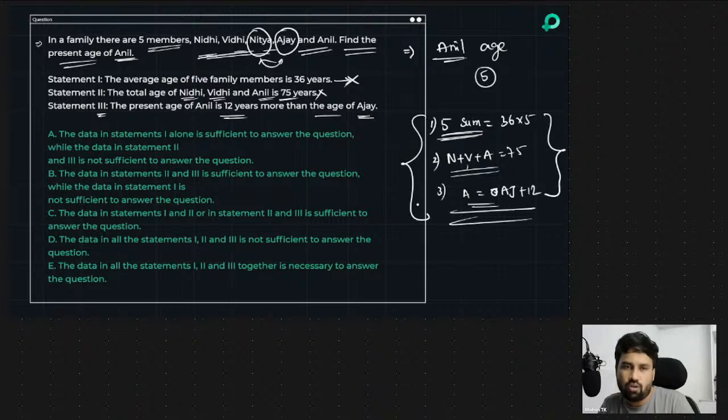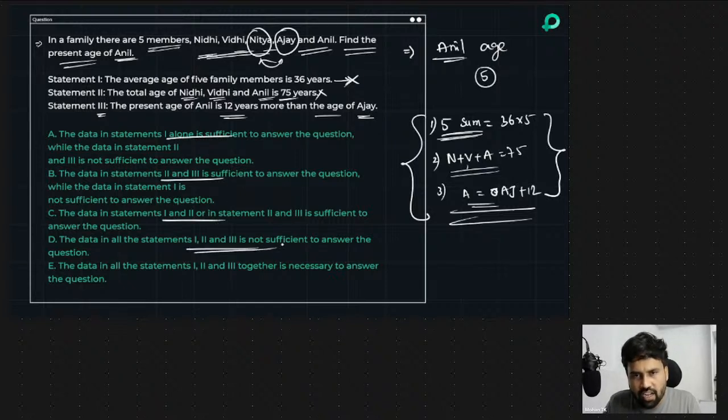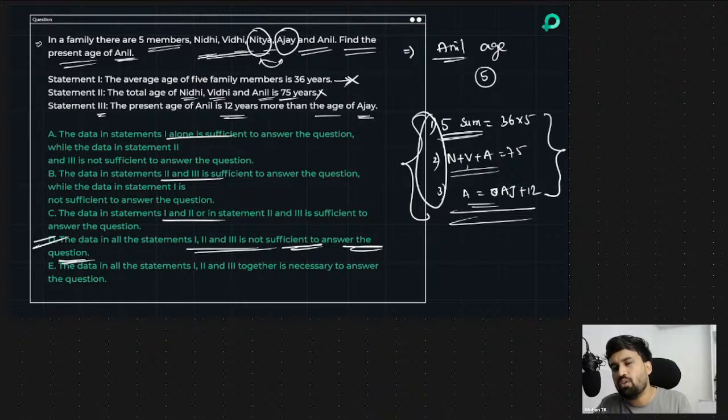Even if you choose all the statements together, we can't find the answer. Statements 1, 2 and 3 are not sufficient to answer the question. Option D is correct.